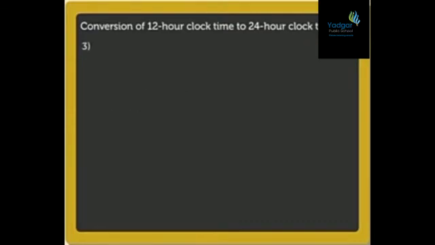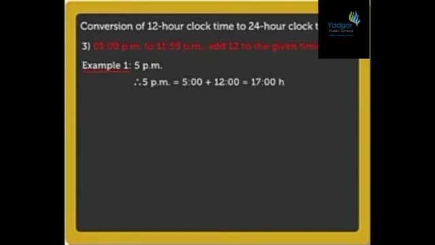3. For the time from 1 pm to 12:59 pm, add 12 to the given time. Let's see how. Change the time 5 pm to the 24-hour clock time. Thus, 5 pm is equal to 5 plus 12, which is equal to 17.